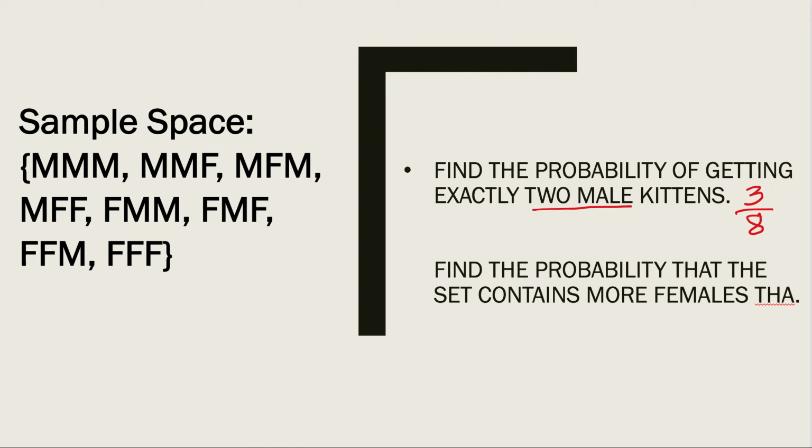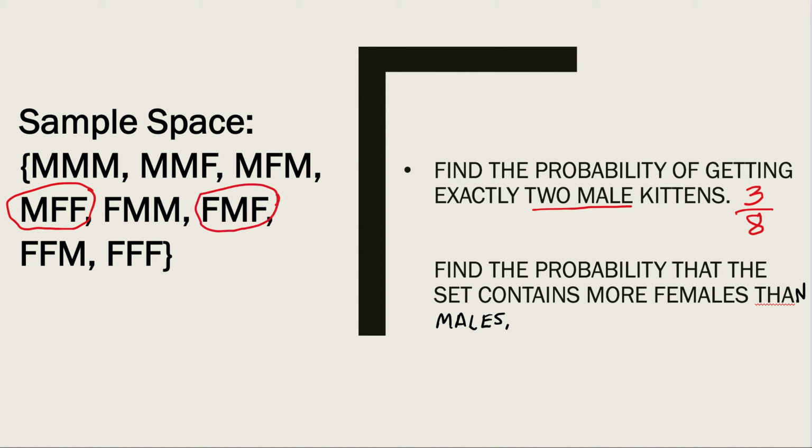All right, so our next problem says find the probability that the set contains more females, and it should say more females than males. So let me make that correction real quick here. So I think I just ran off the screen here. More females than males. Okay, so let's go through and circle the ones that have more girls than boys. So this one has more females than males.